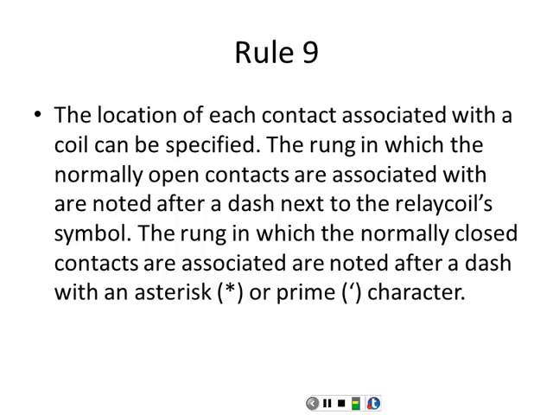Rule 9 says that the location of each contact associated with the coil can and should be specified. I'm adding the should. The rungs with the normally open contacts are associated with dashes. I don't always see dashes.